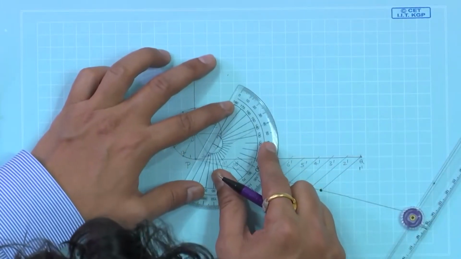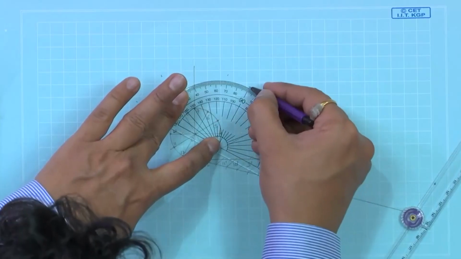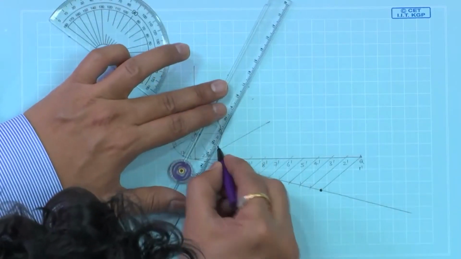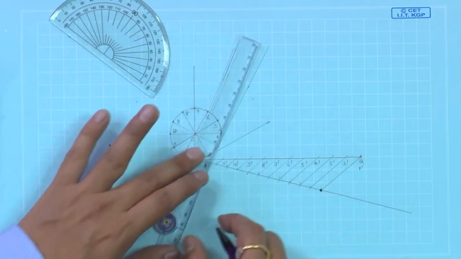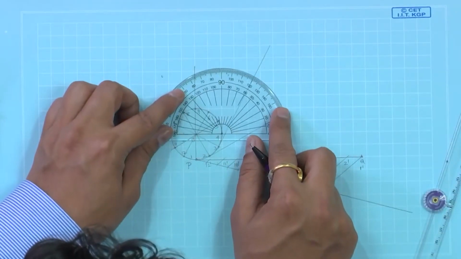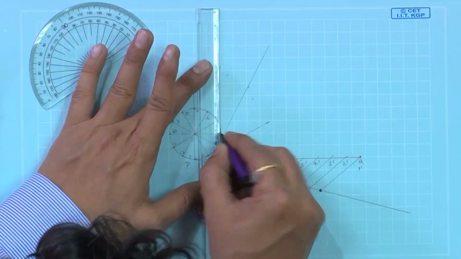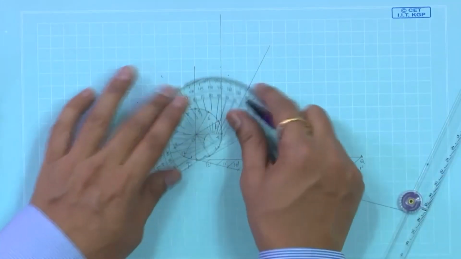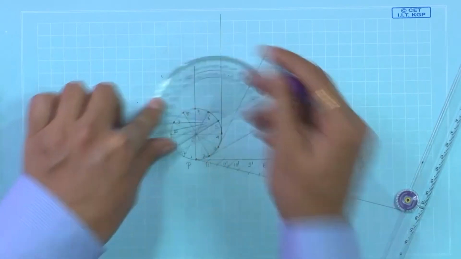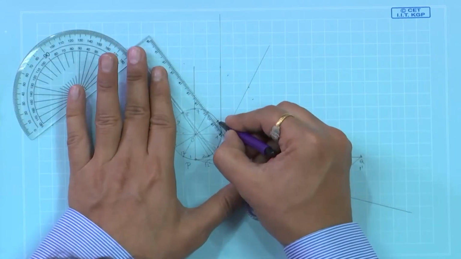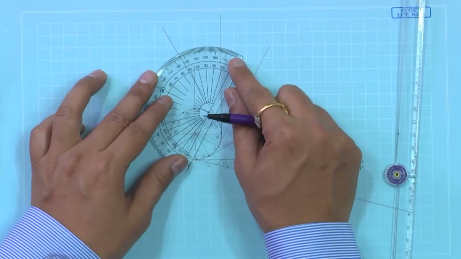Similarly at point 3, draw a tangent which is at 90 degrees. Similarly at 4, 5, and 6.